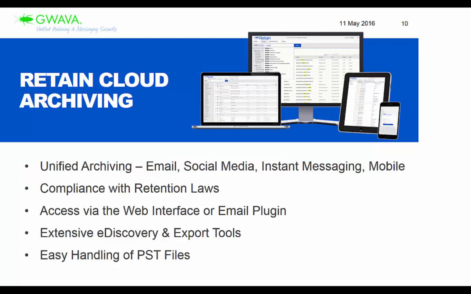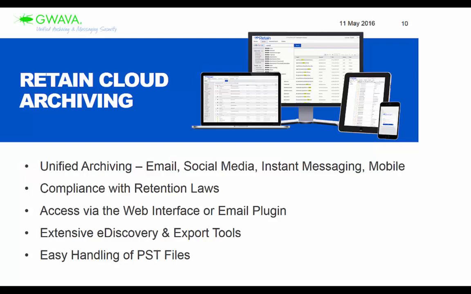And then finally, one other thing I just want to take note of is, once again, as I stated, Retain supports all electronic communication into one central archive, where other vendors like Office 365 archiving or Google Vault do not. Plus, with Google Vault in particular, it does archive Google Hangouts.